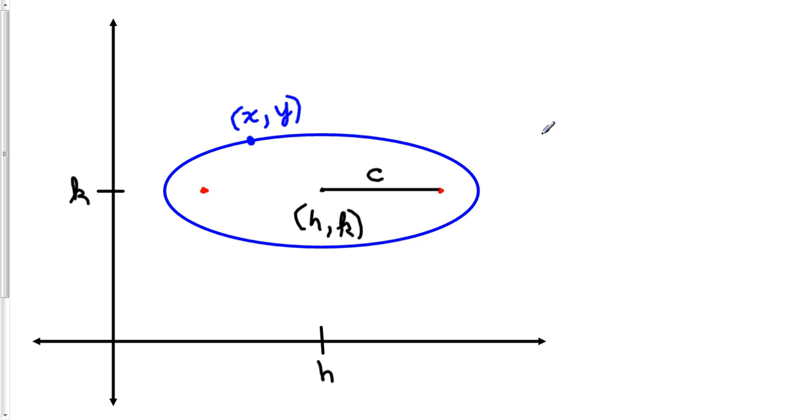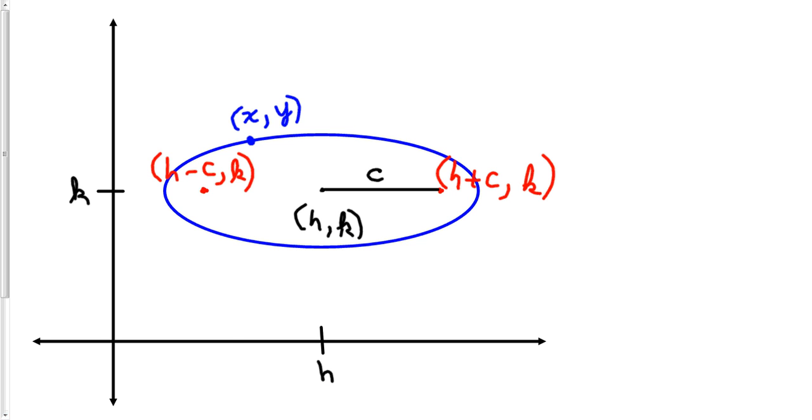So that means I have here this ordered pair having the x value h plus c comma k for that focus, and this focus over here has the ordered pair H minus C, comma, K. So there you have it. That is the ordered pair for each one of the foci of the ellipse.